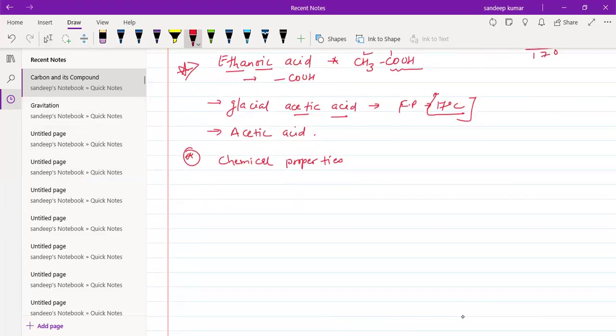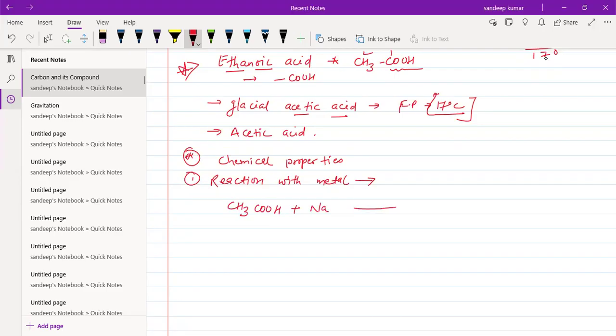This is the reaction with sodium, reaction with metal. Let's take CH3COOH, ethanoic acid, reacting with sodium.